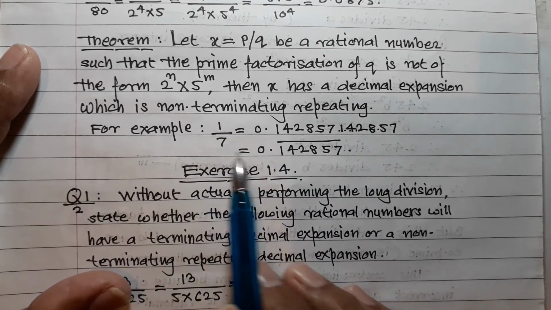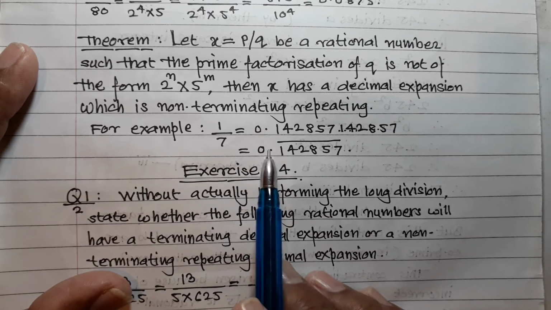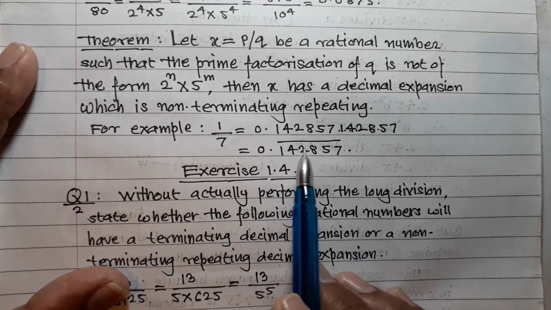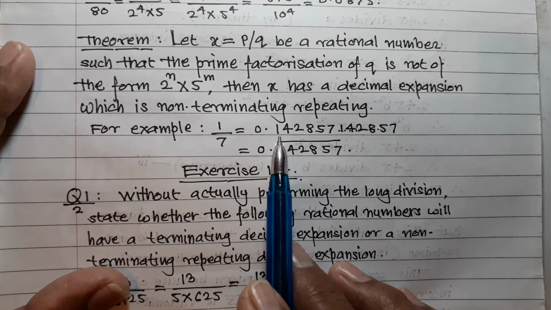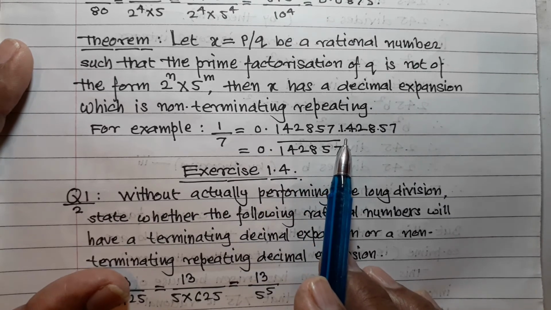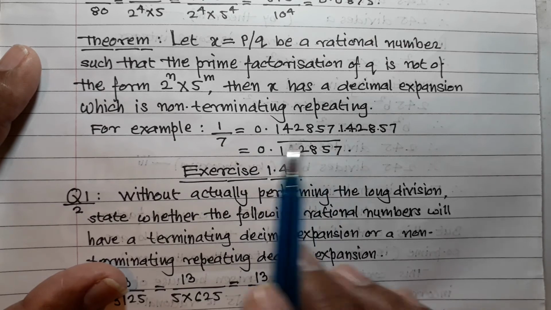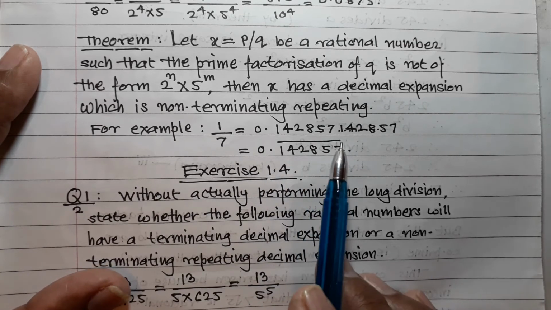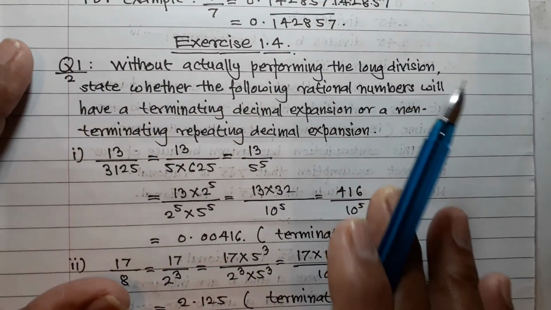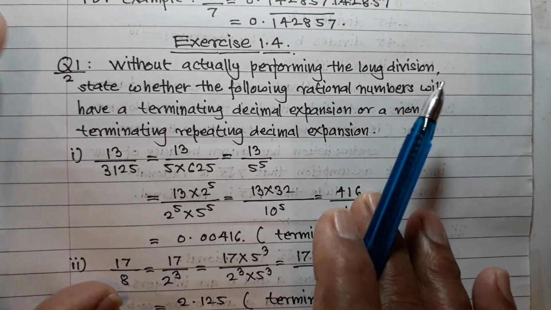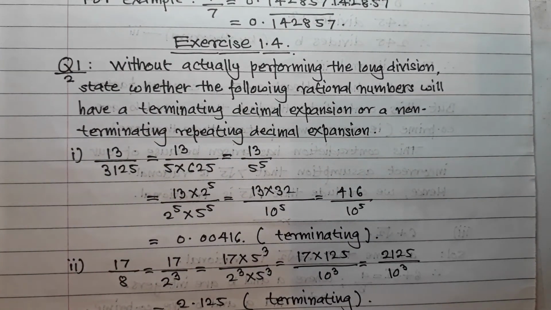So 1 upon 7 is equal to 0.142857, and one bar you keep. That bar states that the group is repeating. Okay, now try to understand some examples from question exercise 1.4.